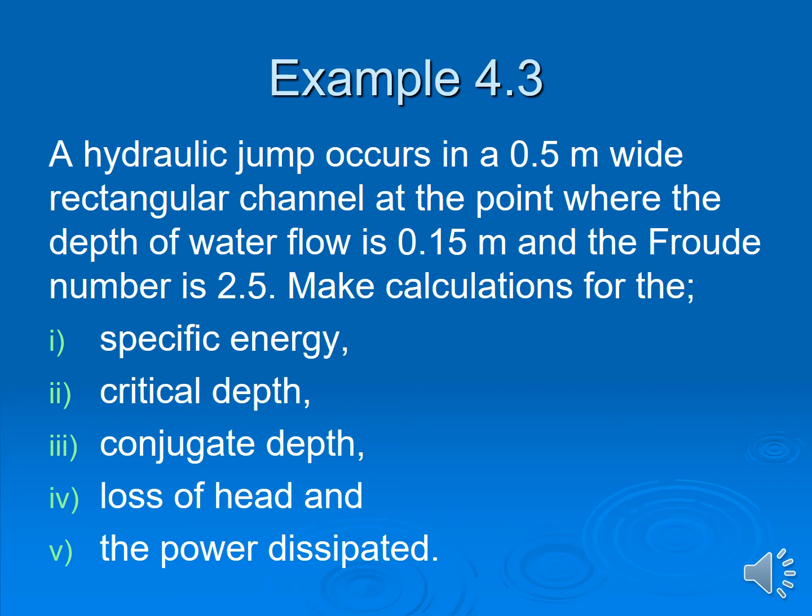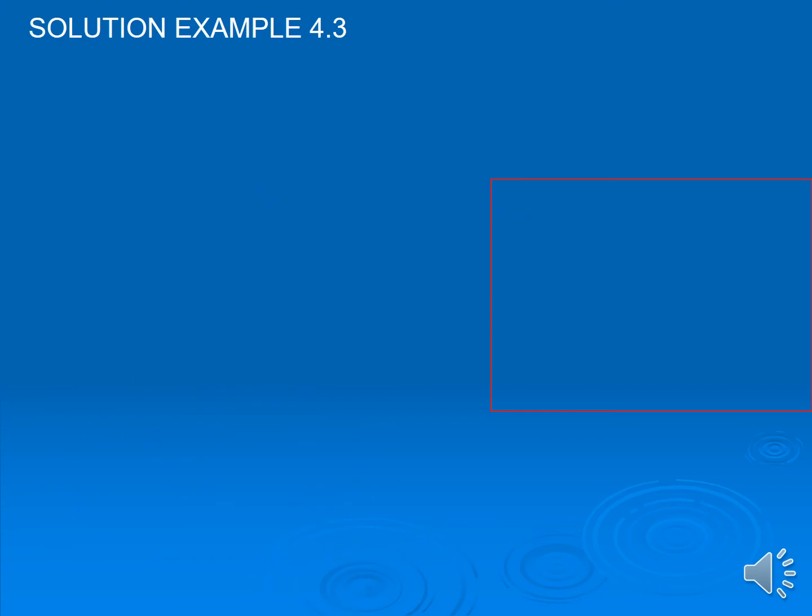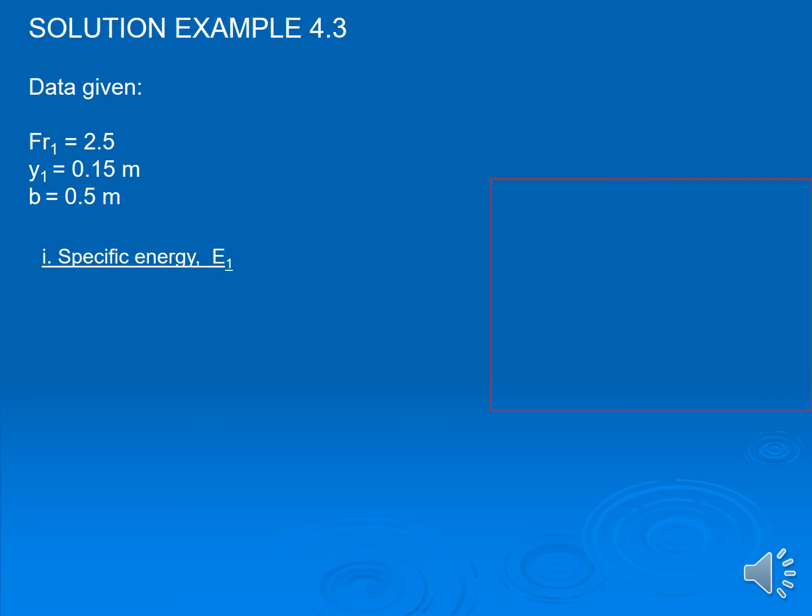So you have to find the specific energy, critical depth, conjugate depth, loss of head, and the power dissipated. The data given: Froude number 2.5, y1, the depth before the jump, is 0.15 meters, and the width of the channel is 0.5 meters.